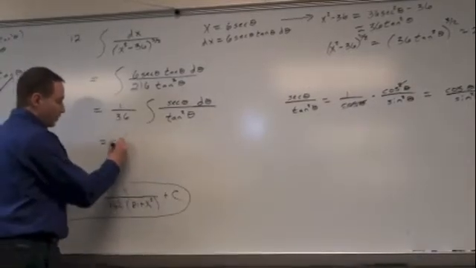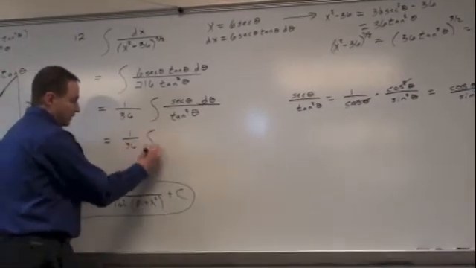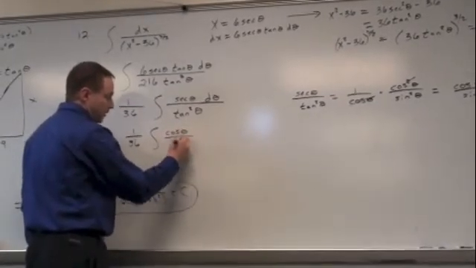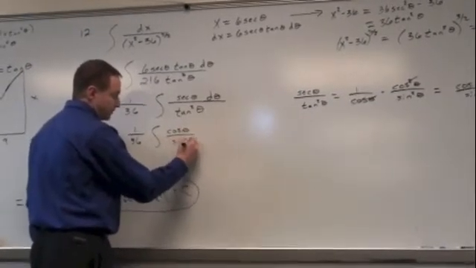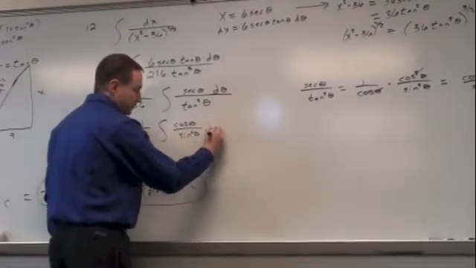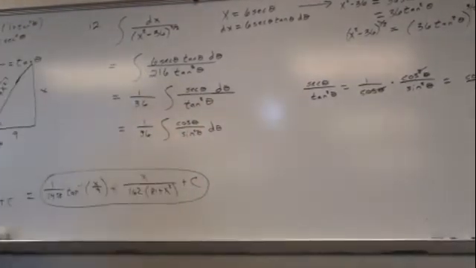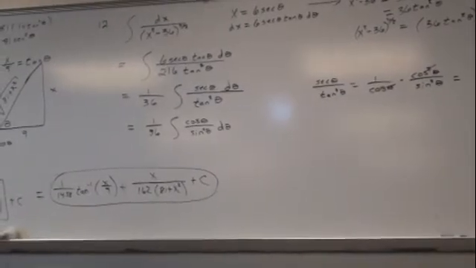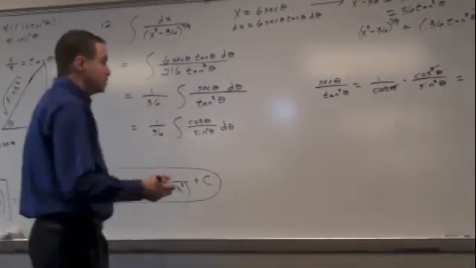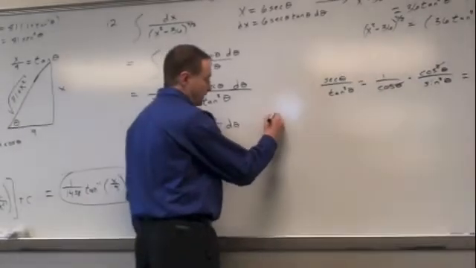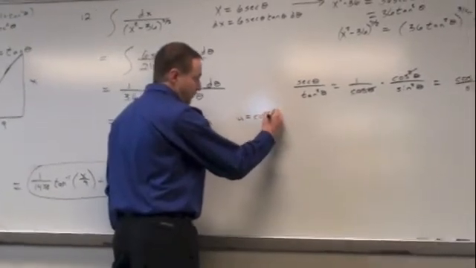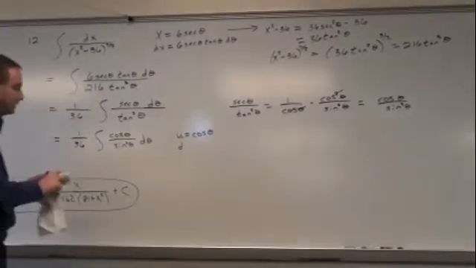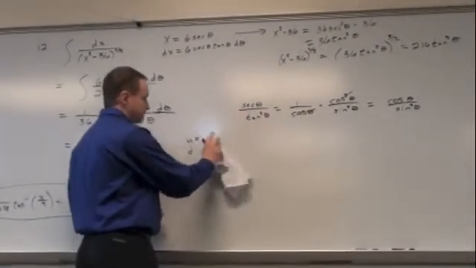I can say this is 1 over 36, the integral, cosine theta over sine squared theta. When I'm looking at the denominator, I say, well, the derivative of sine is cosine, so a u substitution now would be nice. Let u equal the sine of theta, sorry, sine of theta, not cosine.